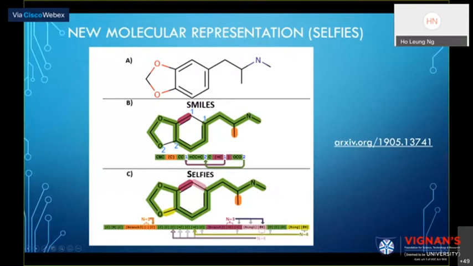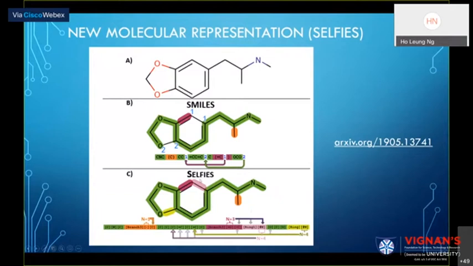And here's an example of a SMILES string. The SMILES string, unfortunately, has a lot of drawbacks. And our collaborators developed a method which extended the concepts of a SMILES string that they called SELFIES. What a great word, huh?